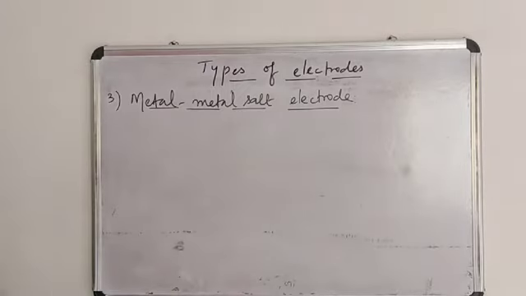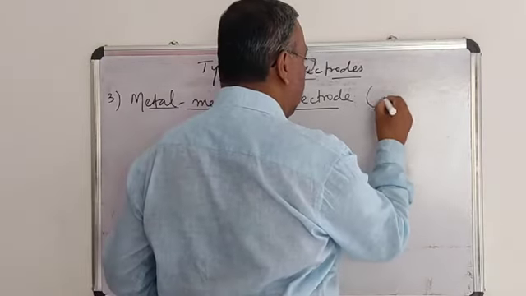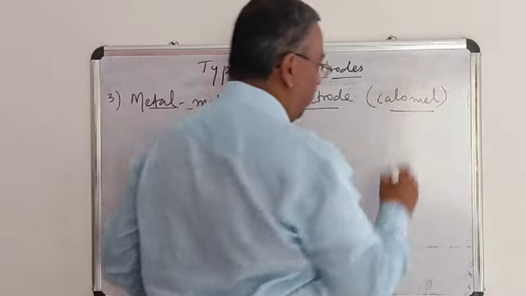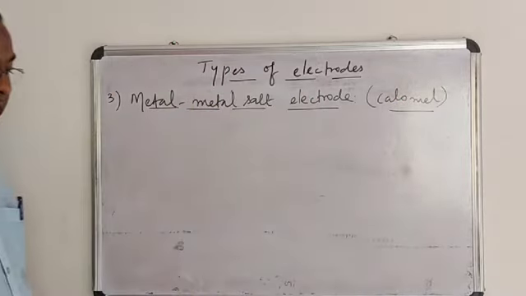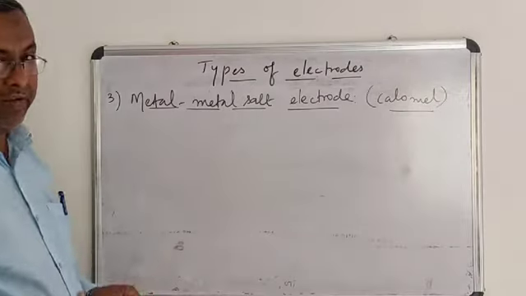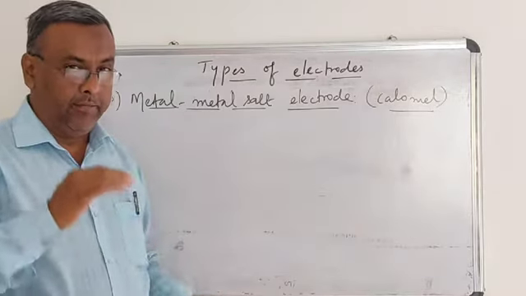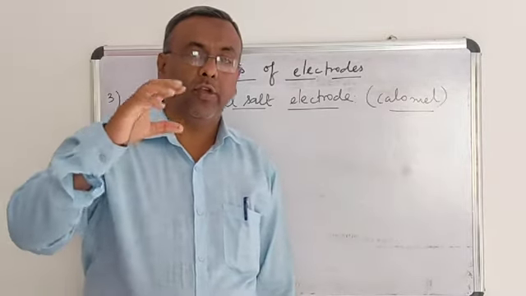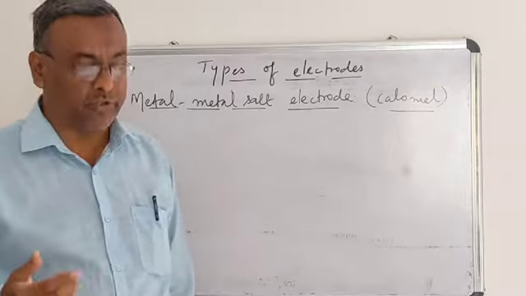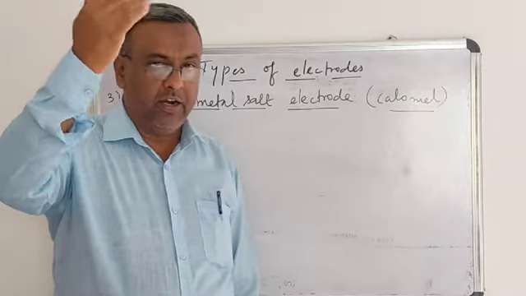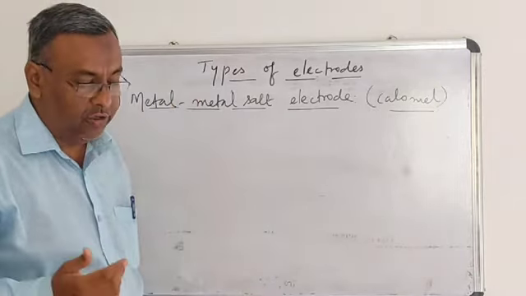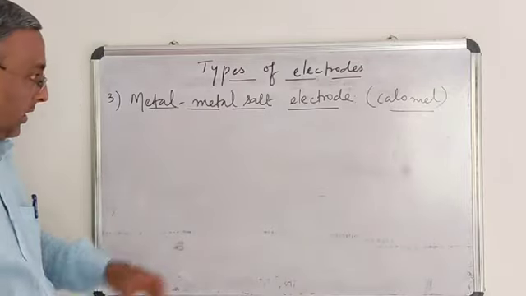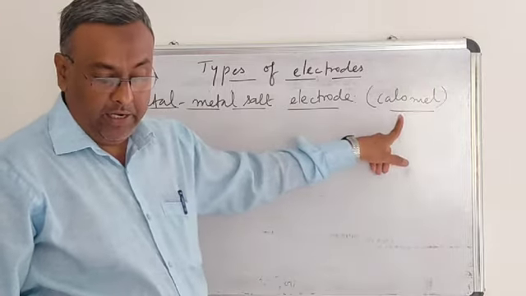The best example for this type of electrode is the calomel electrode. Listen, in this type of electrode, a metal is in contact with its sparingly soluble salt, which is covered with a saturated solution having the same anion.